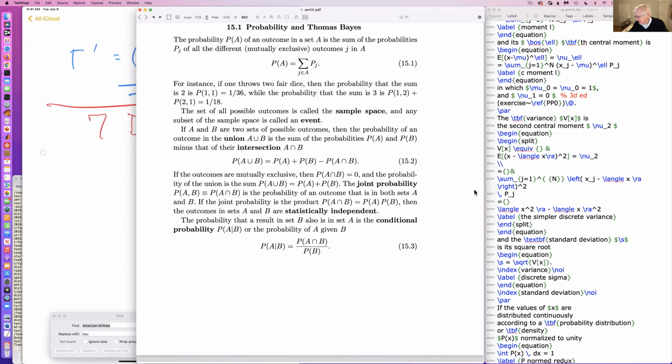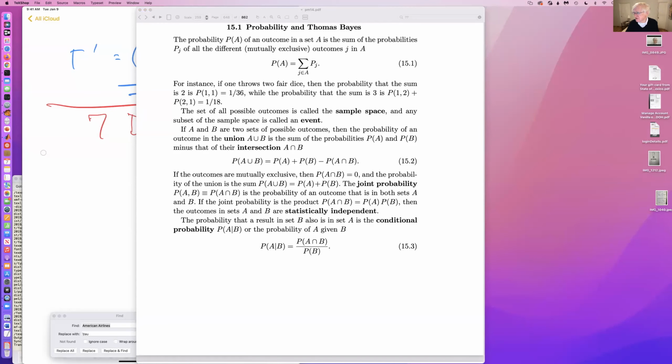So the basic thing is that the probability of an outcome being in a set A is the sum of the probabilities, Pj, of all the different mutually exclusive outcomes, j, in the set A. So that's this description there.